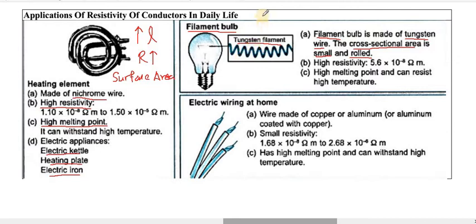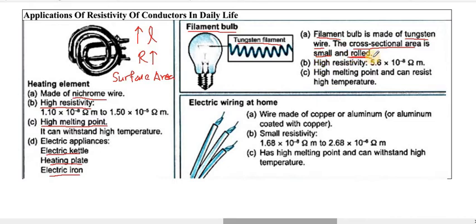These two characteristics can increase the total resistance. Why? When the cross-sectional area is small, the resistance increases, right or not? When the tungsten wire is very thin, the cross-sectional area will be small, so the resistance will be higher.